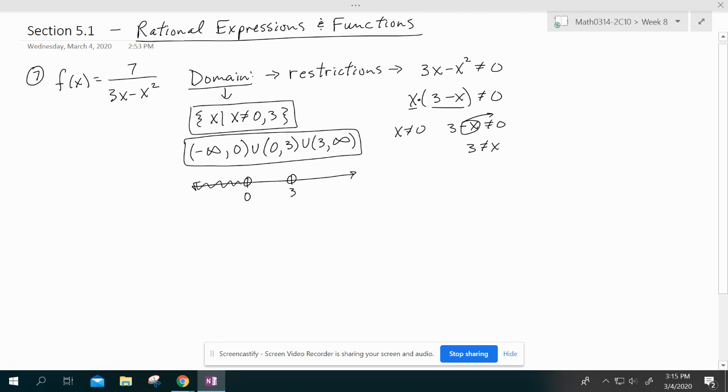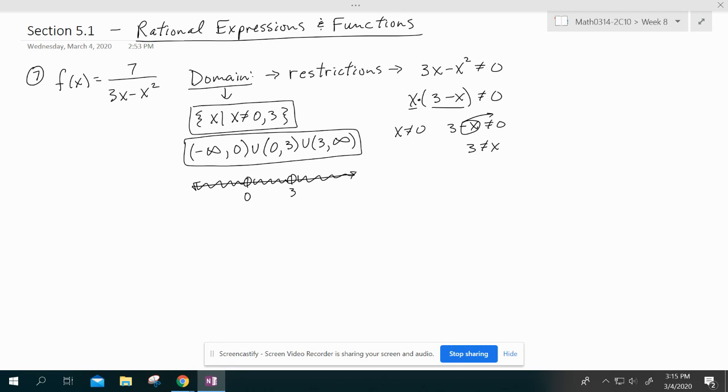But anything else is. Any other number is allowed, okay? So anything from minus infinity up to 0, anything from 0 to 3, that's what that says, and then anything from 3 to infinity. So these 3 intervals correspond to the shading on the graph that's allowed. Got it. That help any? Yes, thank you.